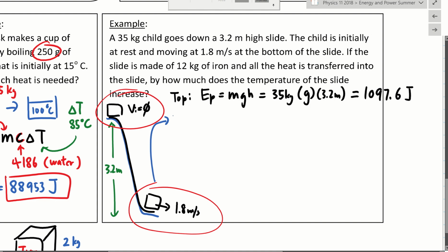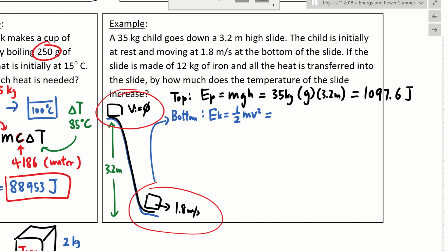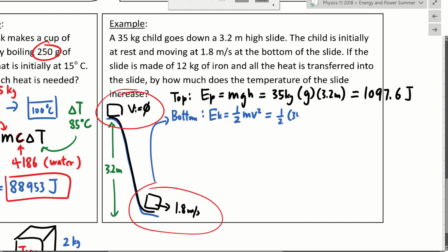If the world is perfect, then at the bottom, that should be the same amount, right? So at the bottom, you no longer have any height. You're at height equal to 0, so you only have kinetic energy. So how much kinetic energy do you have? Now, in an ideal world with no friction, that should be the same, 1,097, right? It should be the same. Is it the same? So 1/2 mass, speed, square the speed, and what do you get?